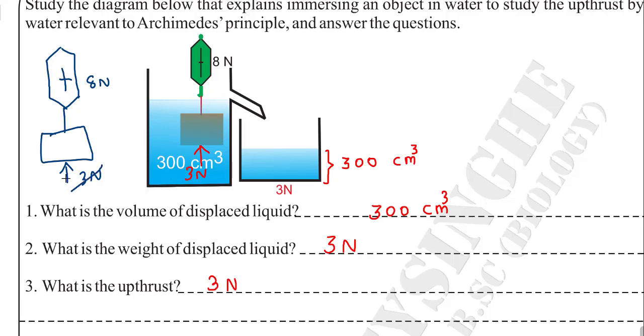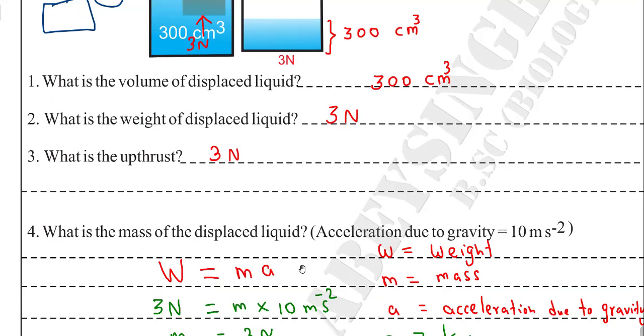But in the air we do not have this 3 Newton. Then what happened? Another 3 Newton is going down, plus another 3 Newton. Now it will become 11 Newton. Right? Because upthrust balanced this Newton in the air. In that case, it will become 11 Newton.